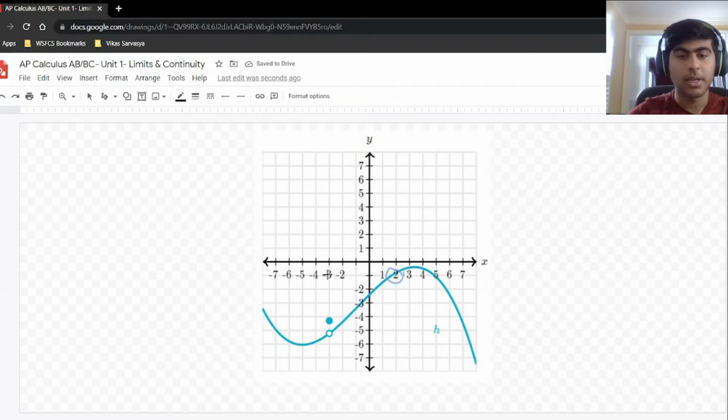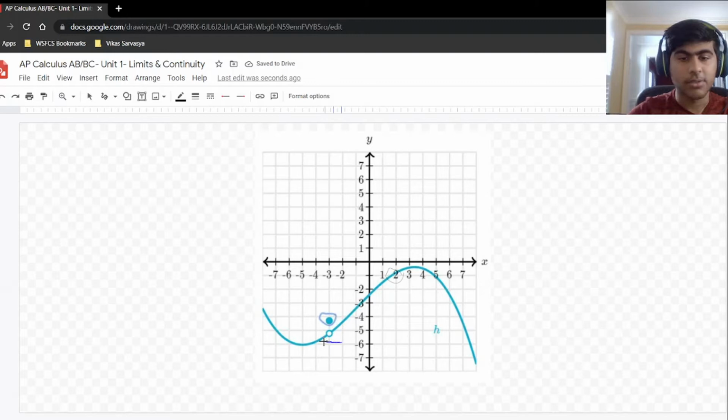Now, we can look over here at -3, where there's this hole in the graph where the curve passes through, and instead, this filled in dot is somewhere in between -4 and -5. Now, the limit at -3 is not this dot right here at -4.